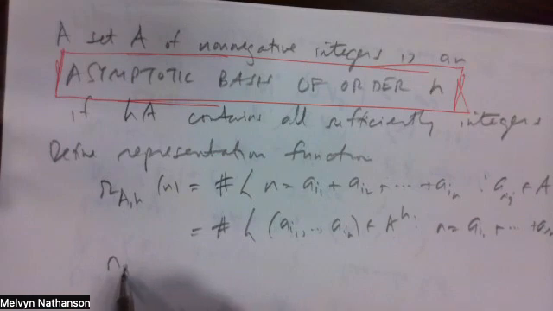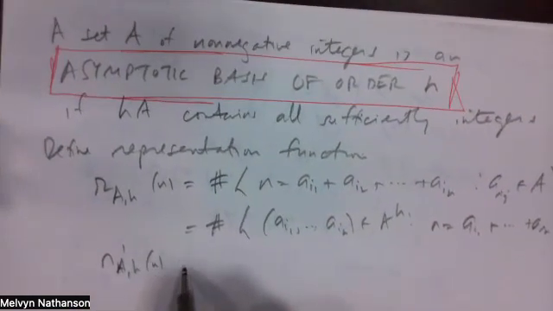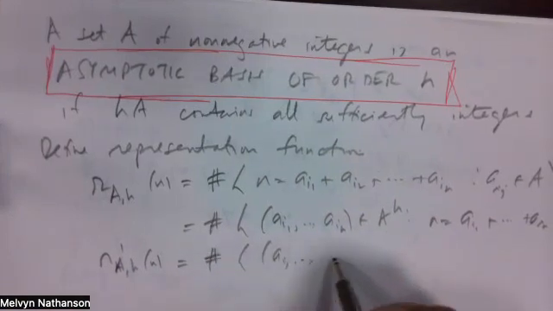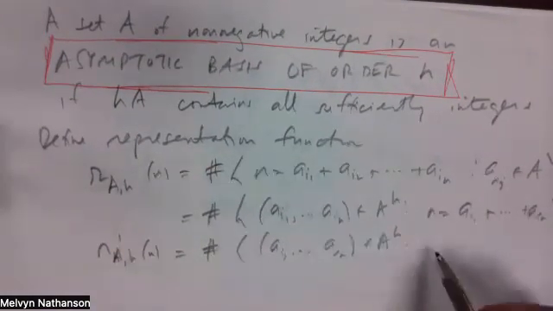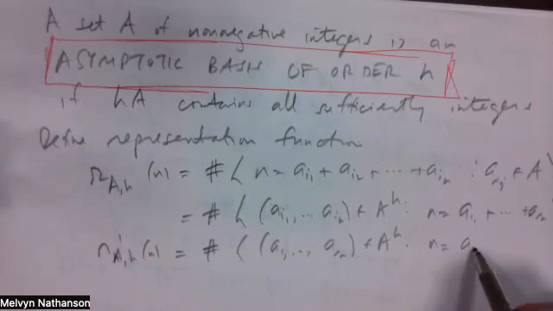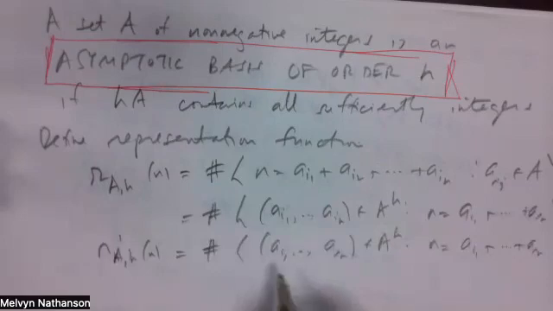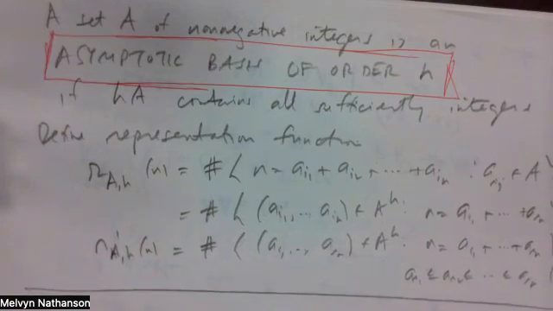And another representation function which one can define, and it's really a matter of choice in most cases what one wants to use, you can look at the number of H-tuples in A, where n is the sum of these H elements of A, but these elements are in non-decreasing order: a_{i1} less than or equal to a_{i2} less than or equal to a_{iH}.